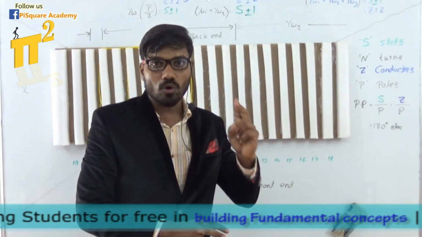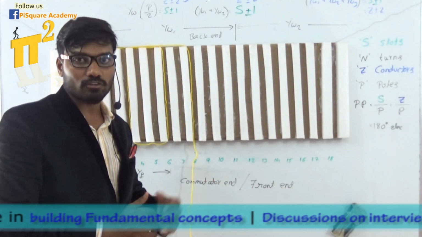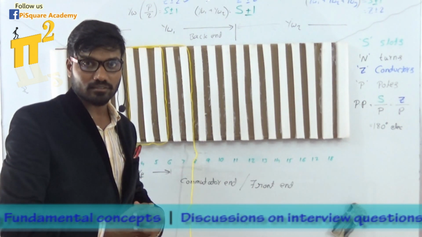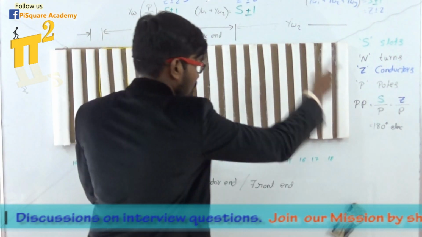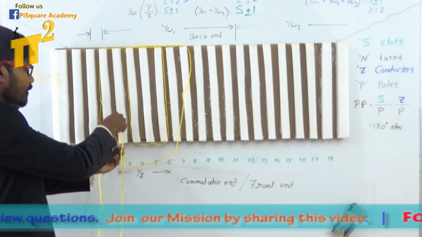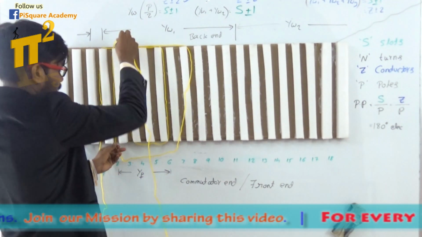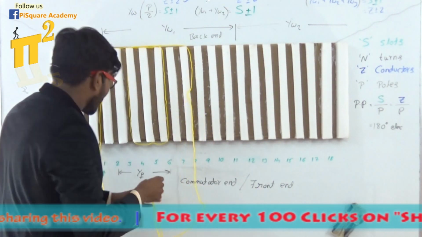So there will be 2 independent winding sets inside. That is what we'll call doubly re-entrant winding. What is singly re-entrant winding? The winding is going like this, but it has not ended here, it will continue here. After one complete circle, the leftover slots will be continued.